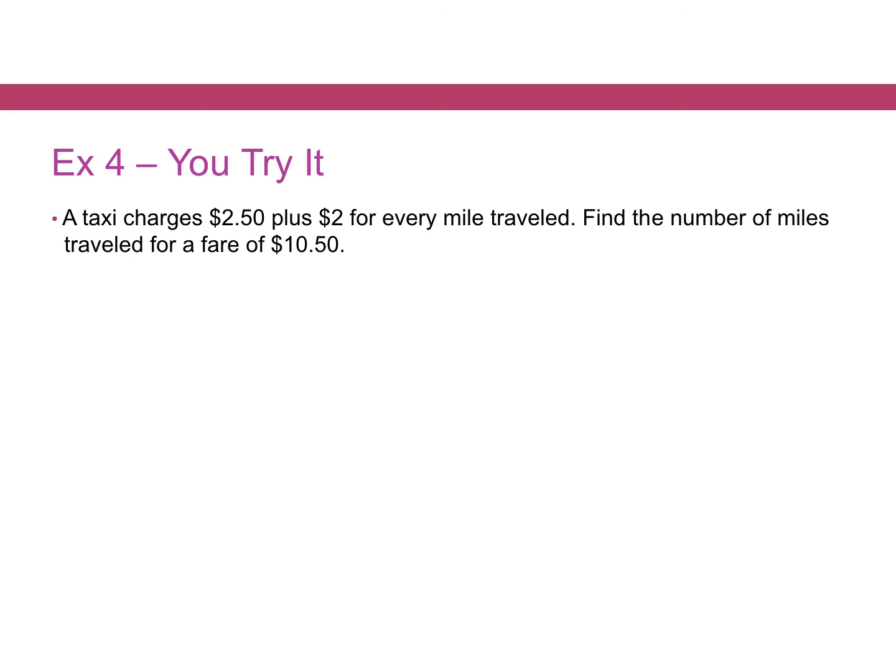Okay, so here we're told that a taxi charges $2.50 plus $2 for every mile traveled. We need to find the number of miles traveled for a fare that was $10.50. So what I'm doing is I'm essentially looking at the cost. So I know that my cost is equal to, now that $2.50, you're going to pay that whether you go 1 mile or 100 miles.